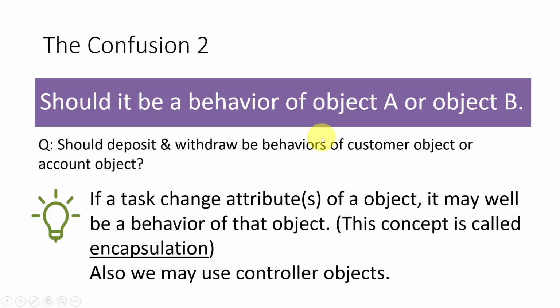Therefore, the deposit must be a behavior of the account object. And the customer object is calling the deposit behavior, calling the withdraw behavior. It is not a behavior of the customer. At first it is a little bit confusing, but you need a bit of thinking. Once you get familiar with it, you will find it really comfortable.